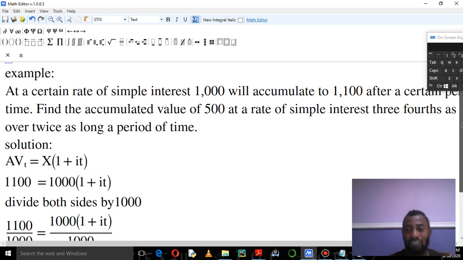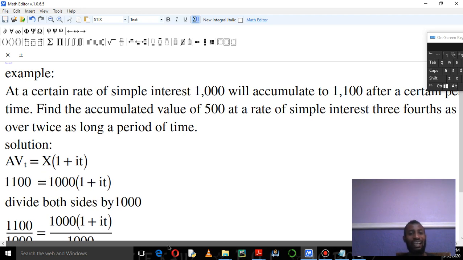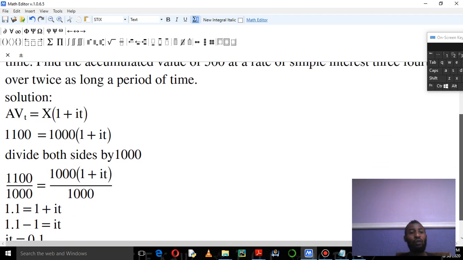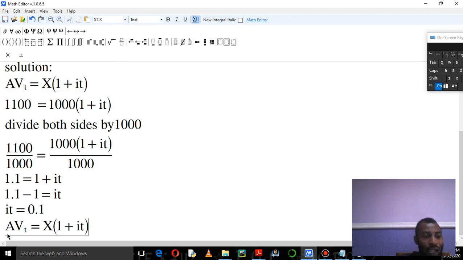The next phase of the question is: find the accumulated value of 500 at a rate of simple interest 3/4 as great over twice as long a period of time. So we are told to find our accumulated value. We already know that our accumulated value is X into bracket 1 plus IT.